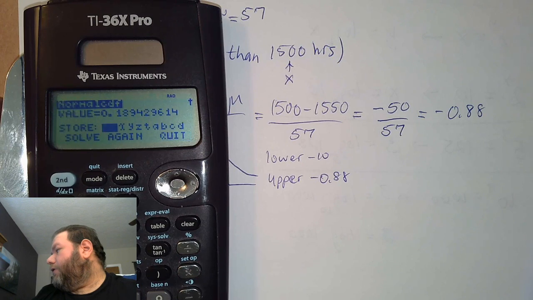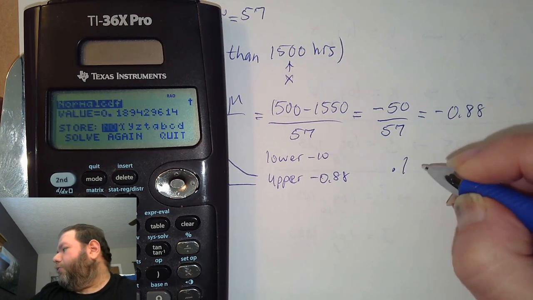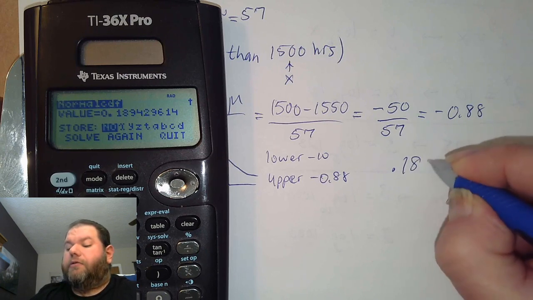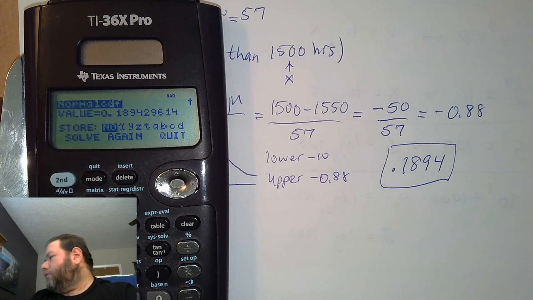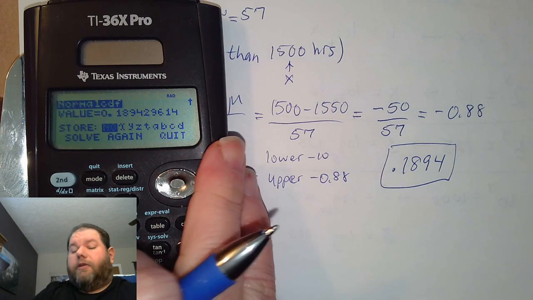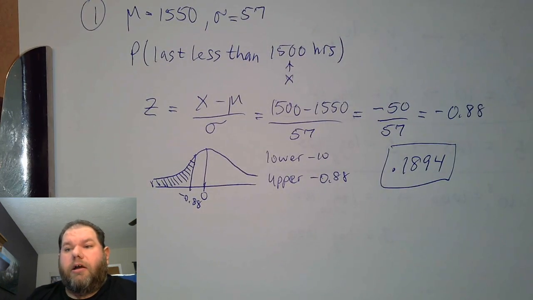Go down to calculate. We get 0.1894. And so that's the probability that a randomly selected light bulb will last less than 1,500 hours.